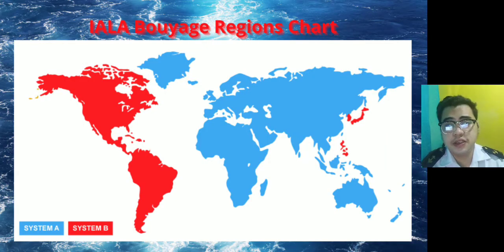As you can see in this IALA Bouyage regions chart, Region B is marked red and Region A is marked blue.